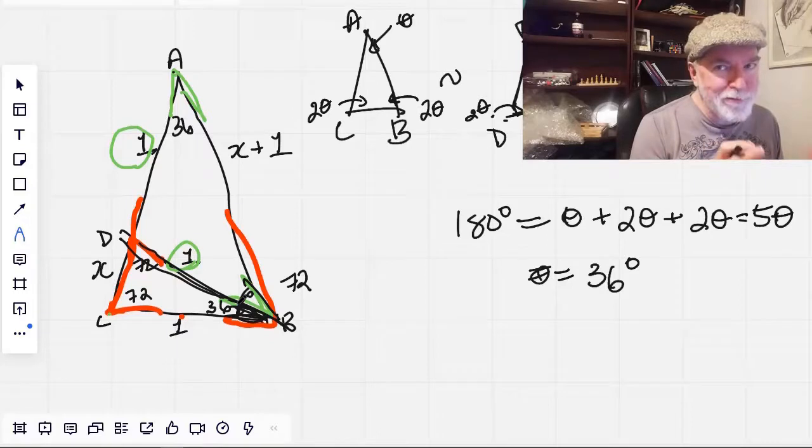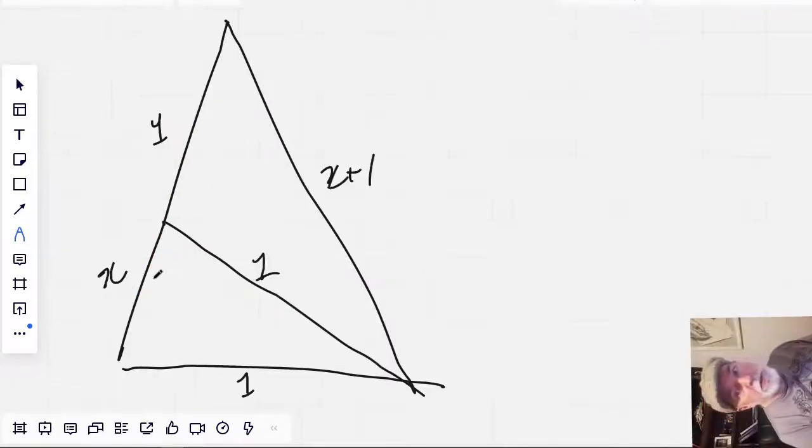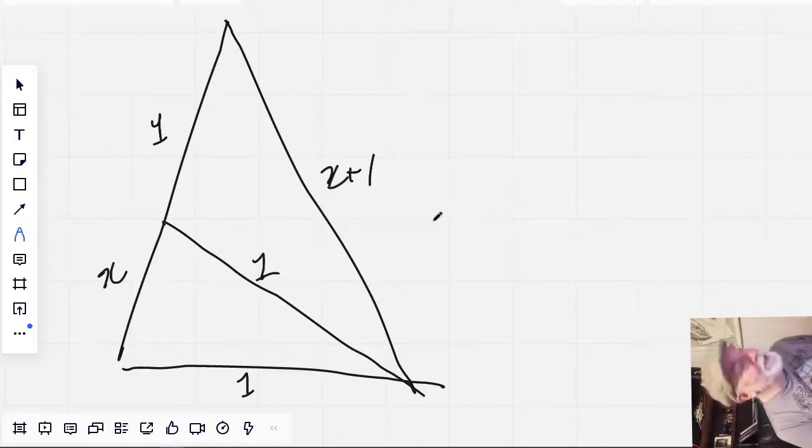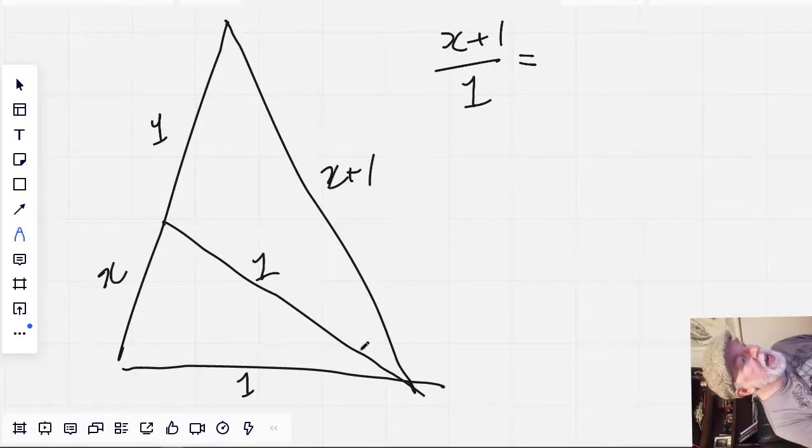Now let's work on the relative sides. Since we have two similar triangles, we can make a statement about the relative proportions of their sides. So we've got x plus 1 is to 1, the side is to the base, as the side 1 is to the base, x.